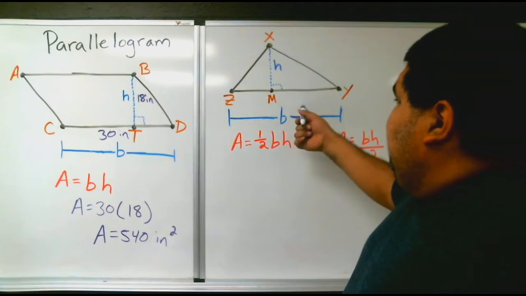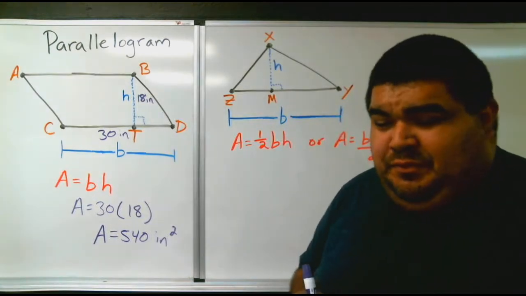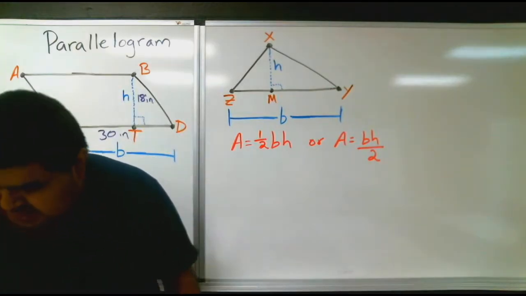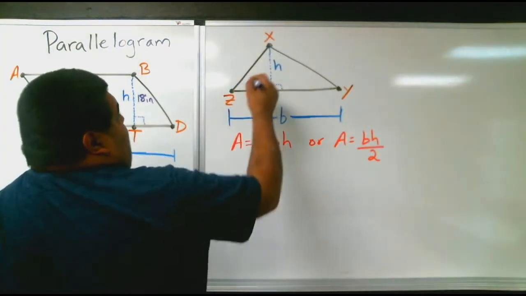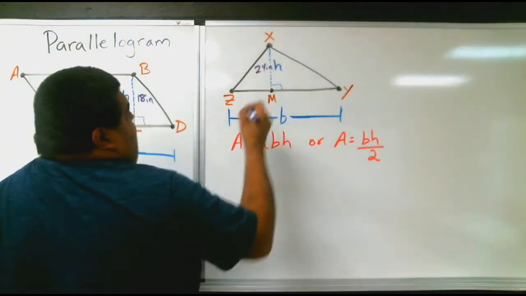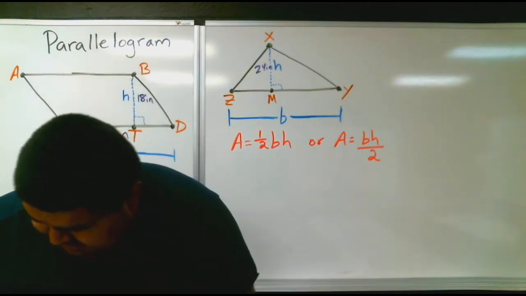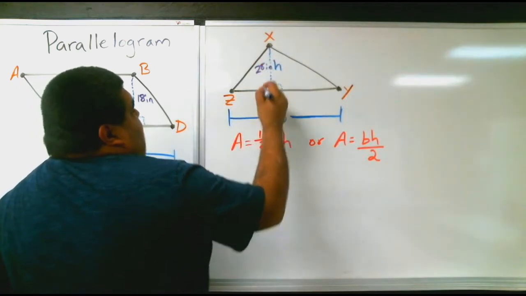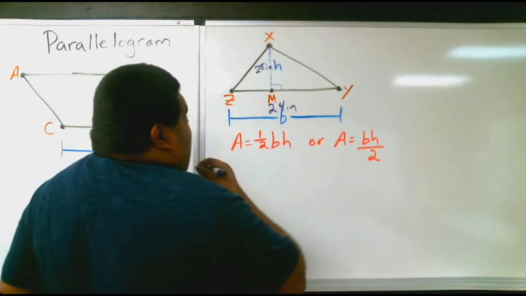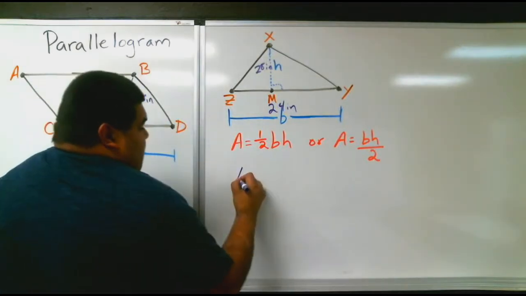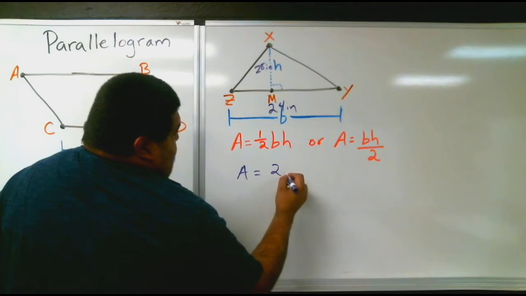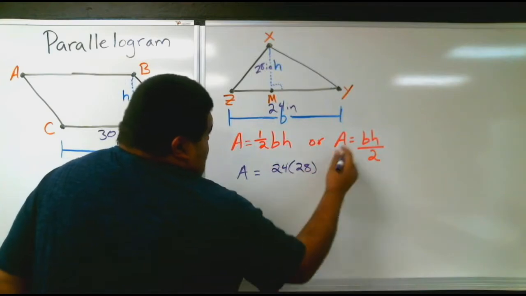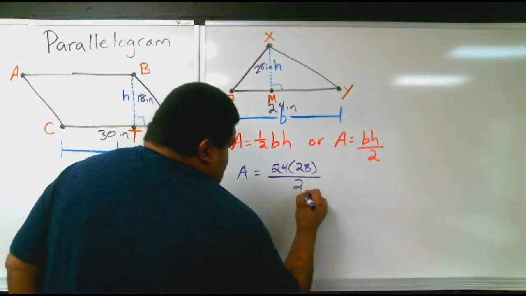It's obviously the same for the triangle. If my triangle is 28 inches high and my base is 24 inches, we plug it in: the area equals base, which is 24, times our height, 28, divided by 2.